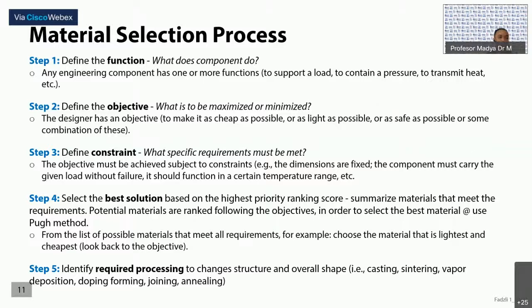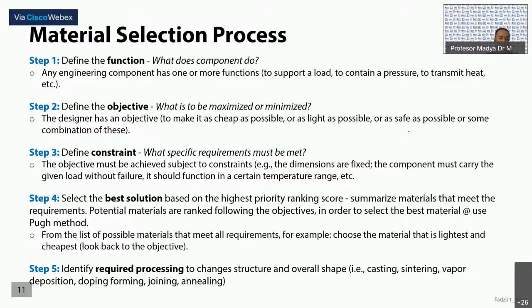And then the step 2, you need to define the objective. What is the maximize and minimize? The designer has an objective to make, contoh dia, to make it as cheap as possible, or as light as possible, or as safe as possible, or some combination of this.